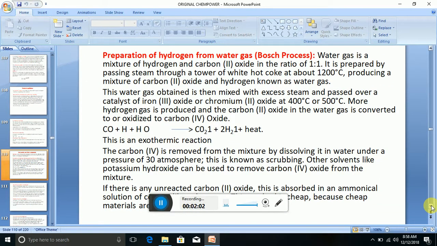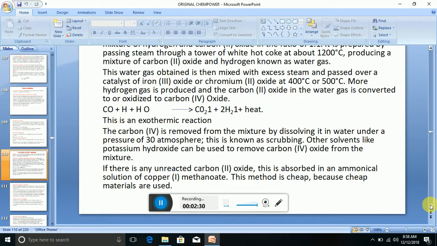The carbon(IV) oxide is removed from the mixture by dissolving it in water under a pressure of 30 atmospheres. This is known as scrubbing. Other solvents like potassium hydroxide can be used to remove carbon(IV) oxide from the mixture.